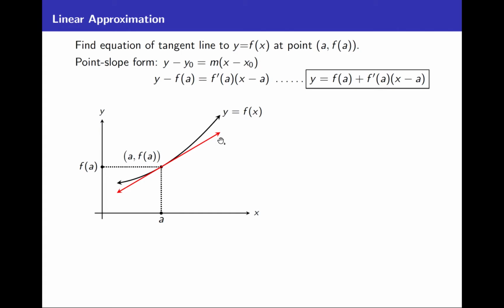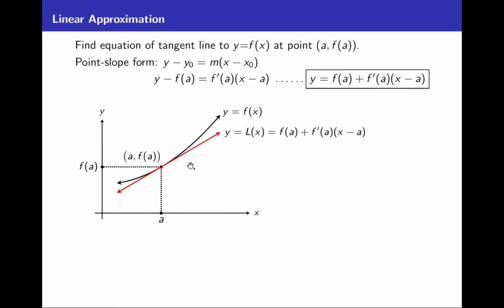The equation of this tangent line is y equals L of x, which is f of a plus f prime of a times x minus a. So we have two functions here, our function f of x, which is nonlinear, and a linear function, y equals L of x, given by this formula.